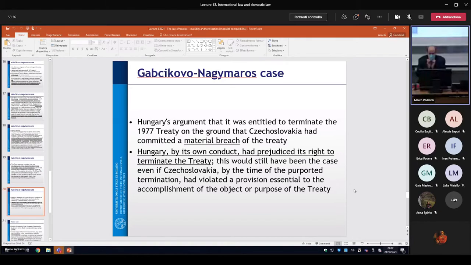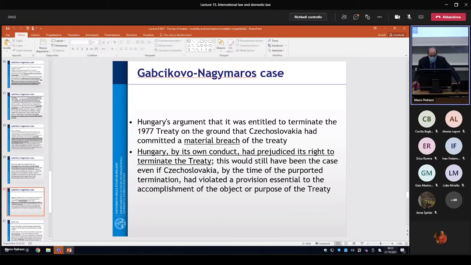So even if the Czechoslovakian conduct can be considered a violation of a provision essential to the accomplishment of the object or purpose of the treaty, Hungary had already committed a violation of the object and purpose of the treaty by illegally withdrawing from the treaty, declaring to withdraw from the treaty before.